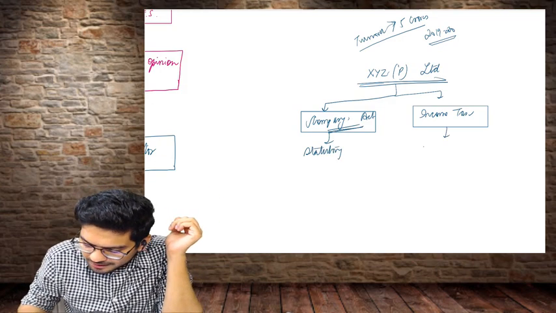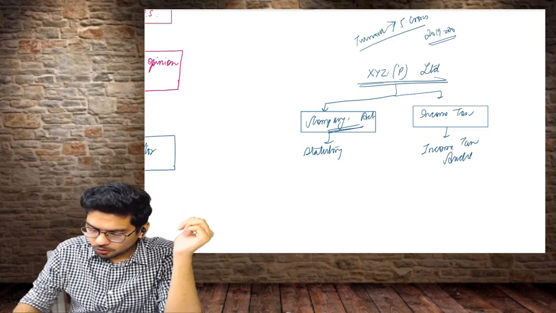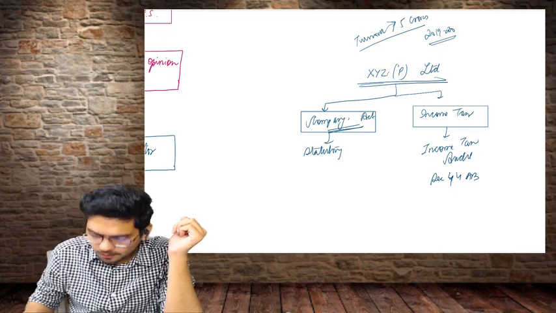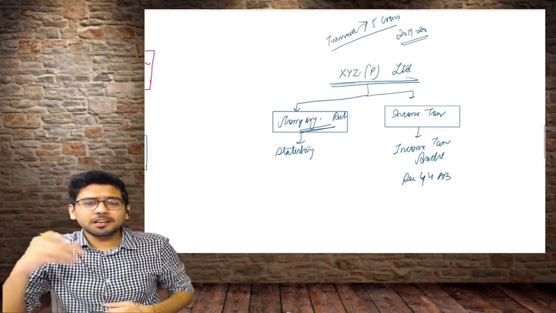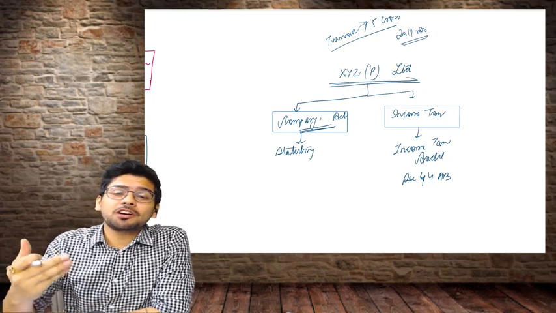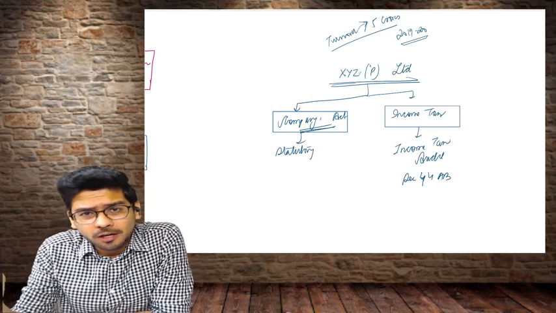Now this will be known as income tax audit, obviously to be done as per the Income Tax Act, under section 44AB. I'm not going into detail of section 44AB, but if the turnover of a business exceeds 1 crore in a financial year, it has to get its accounts audited.